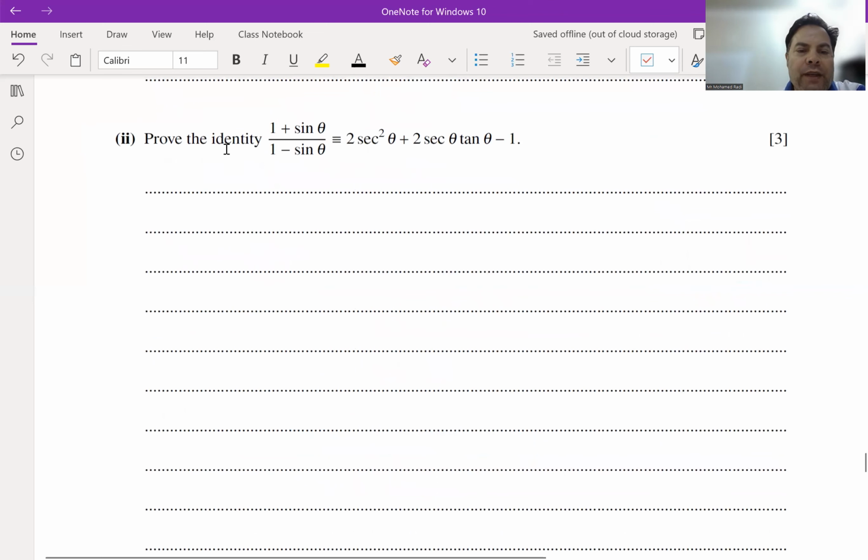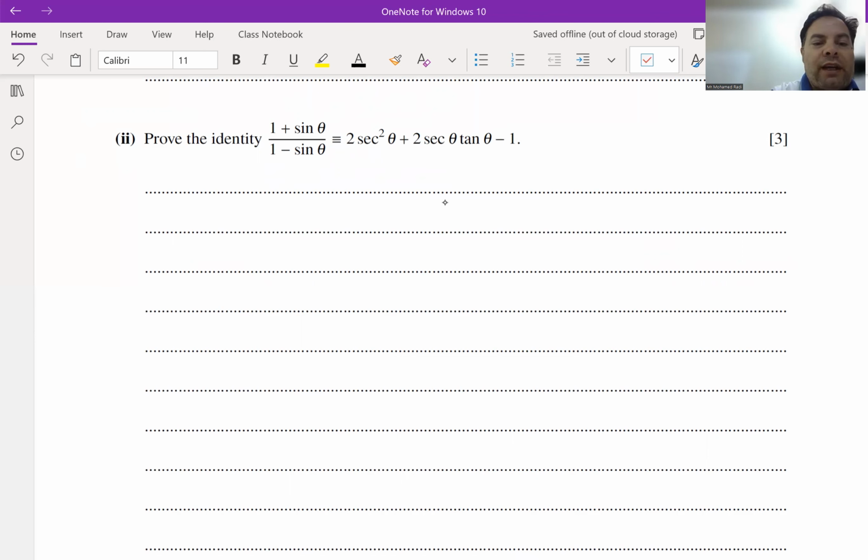Part 2, prove the identity: 1 plus sine theta over 1 minus sine theta. If we start with the left-hand side to get the right side, by looking at the left it doesn't include a square, but the right side includes a square. So if we start with the left-hand side and multiply by the conjugate of the denominator, expand and simplify, you will get a square.